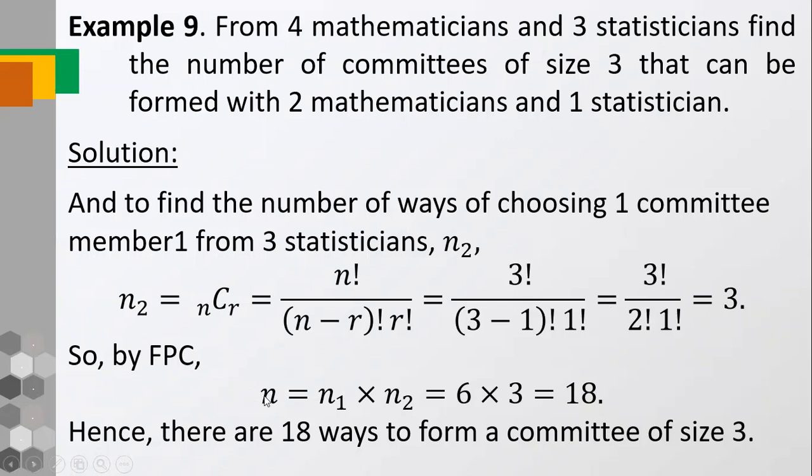So by FPC, we have n equal to n sub 1 times n sub 2, which is equal to 6 times 3, which is equal to 18. Hence, there are 18 ways to form a committee of size 3 having 2 mathematicians and 1 statistician.